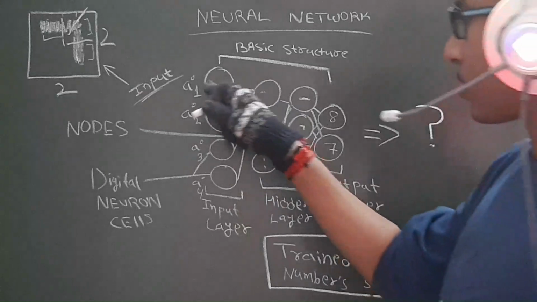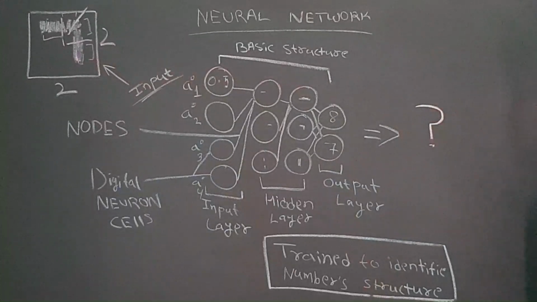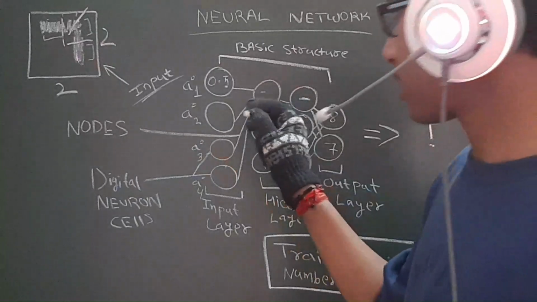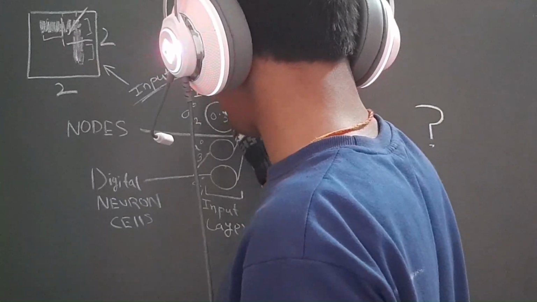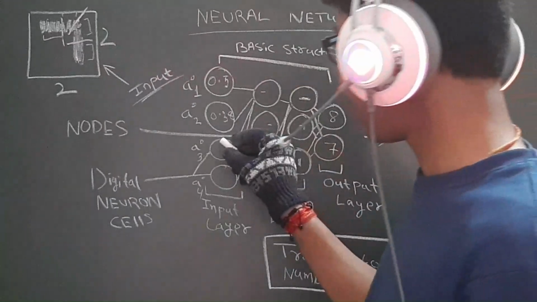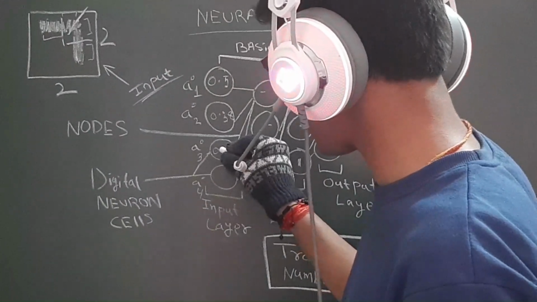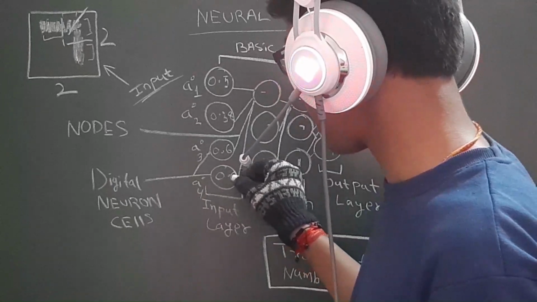So let us suppose this A1 cell contains 0.5, and then the second cell contains 0.38, and then the third one contains 0.6, and the last one contains 0.6 again.